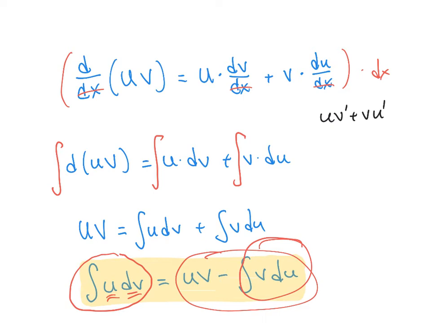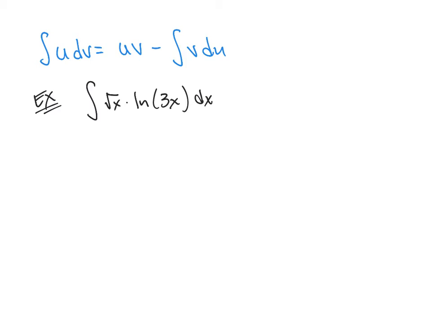So our goal here is to find the antiderivative, the indefinite integral of square root of x times the natural log of 3x dx. You're not going to find a formula to help you deal with this thing in your formula tables. And that's where this strategy we call integration by parts comes into play.